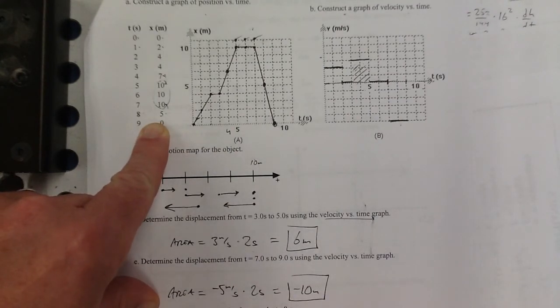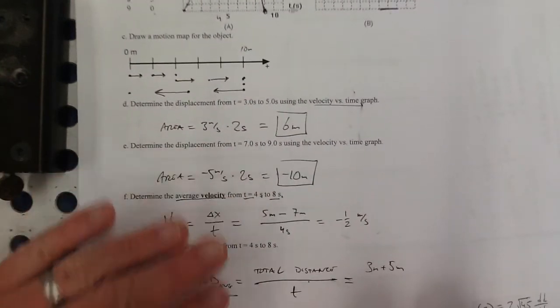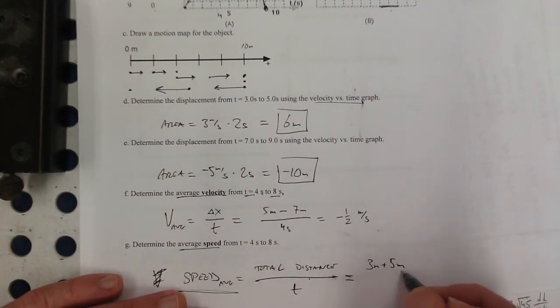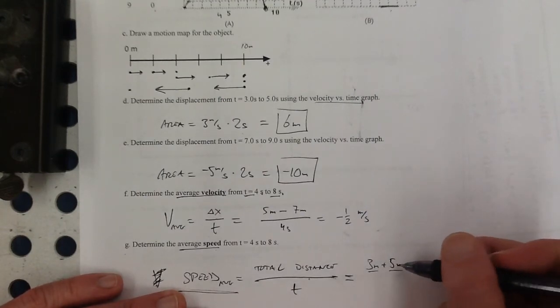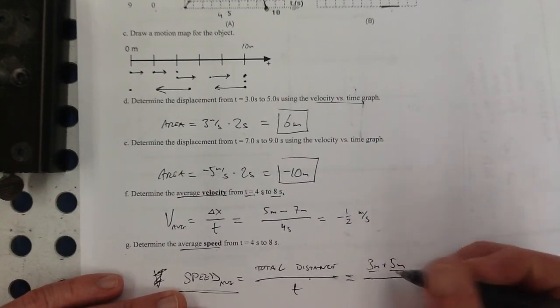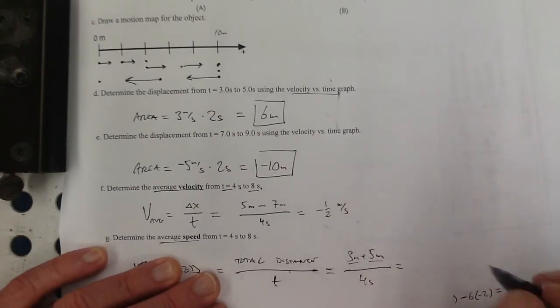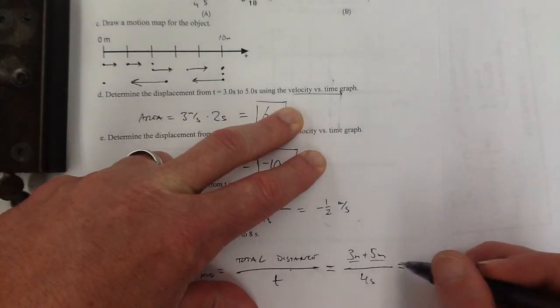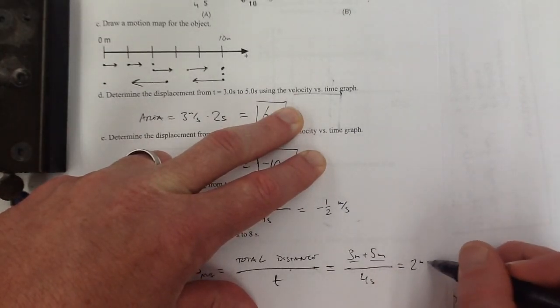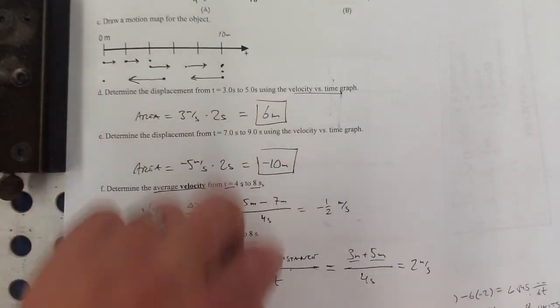And total distance cannot have any negative parts. It's just all of the positive legs of the journey. So here, here. This was backwards, but I'm only interested in total distance here, not displacement. And that's 8 over 4, or 2 meters per second. All right?